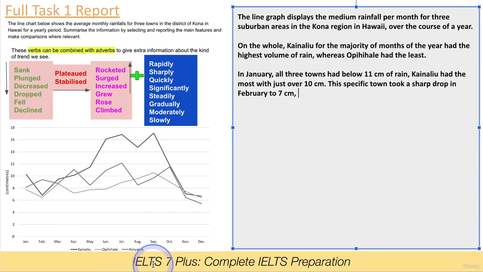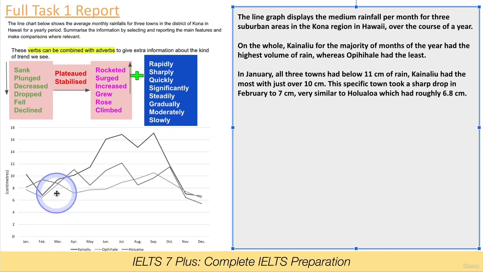Very close to Holualoa, actually. Very similar to Holualoa. Maybe had 6.8, which had roughly 6.8 centimeters.